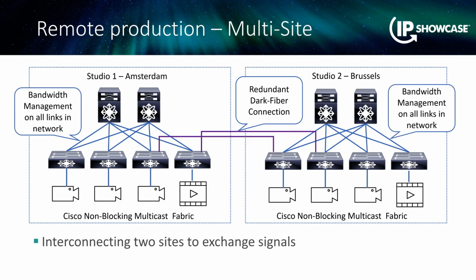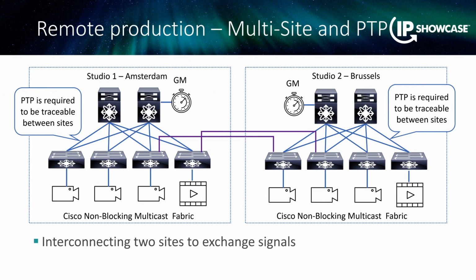So a point which I want to mention here is that you need to have PTP in this network, obviously to synchronize all of the endpoints. To synchronize all of those endpoints, you could do it through two independent GPS grandmaster clocks.